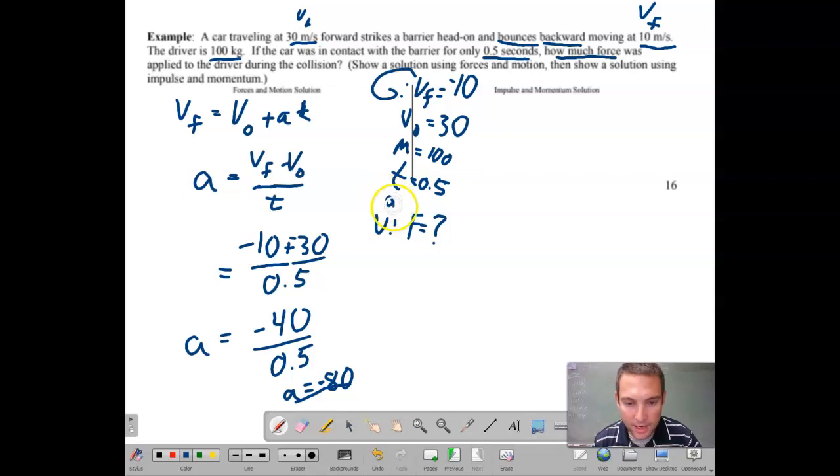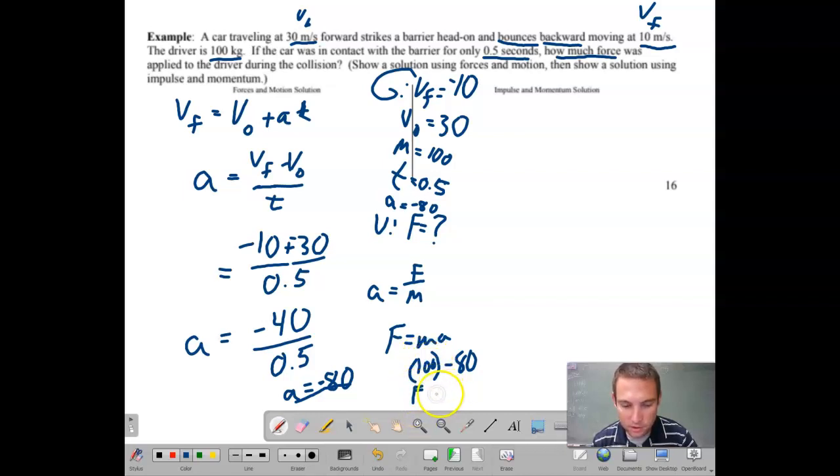Okay, so I can add in my acceleration equals negative 80. Now I can use acceleration equals F over m. Solving for force, we have force equals mass times acceleration. So we have negative 80 times our mass, which was 100.